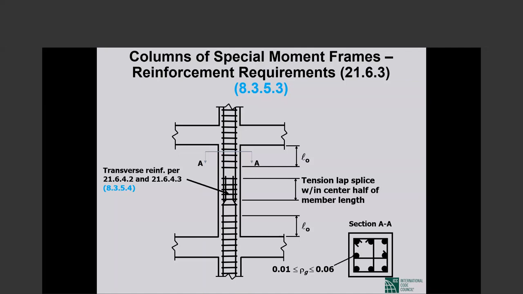The 1% minimum can be based on the column section required rather than column section provided, except that you cannot go below 0.5% of the column section provided.